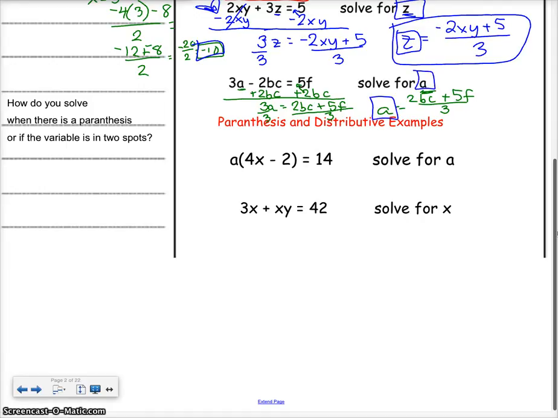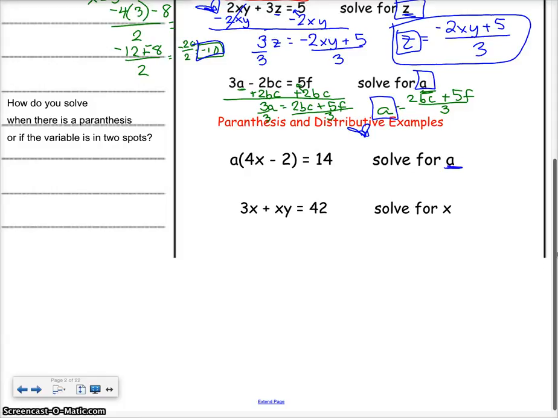So this is really testing your fluency with algebra, with your knowledge that you move what's not sticking to a variable first, and then you move what is. We're going to bump up the rigor. And now you're going to see some with distributive examples.